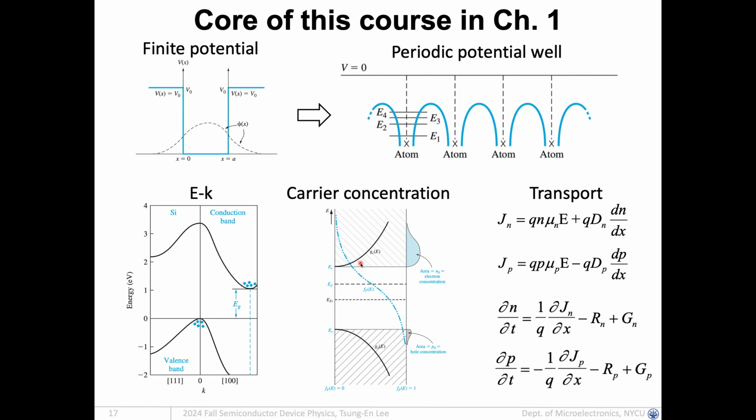And finally is the transport with the diffusion and the drift, and also the N and P type, what is hole, what is electron. That is the main transport way. And the other part is from the continuity equation, how to understand the generation and the recombination rate if we have an excess carrier.